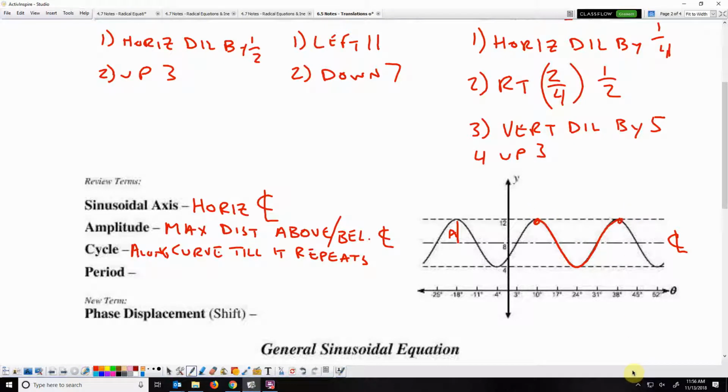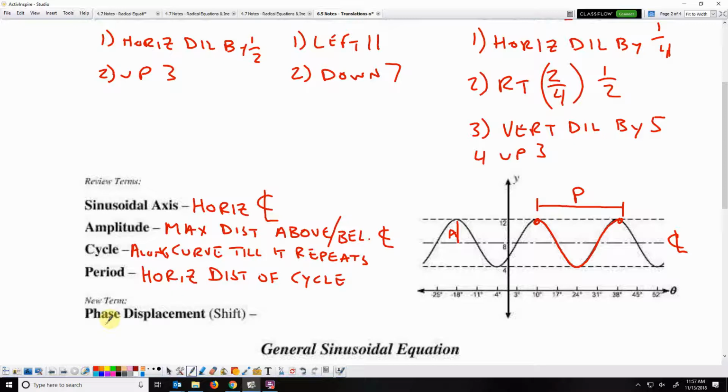So that is one cycle. A period is the horizontal distance of one cycle. So from here to here is a period.